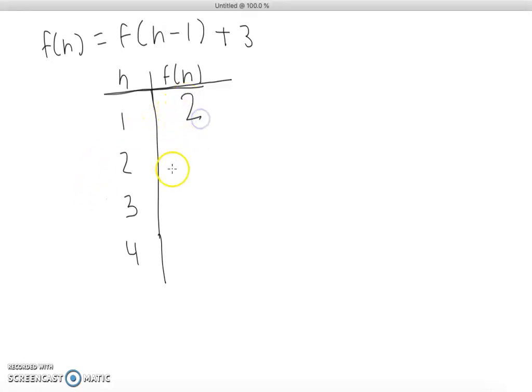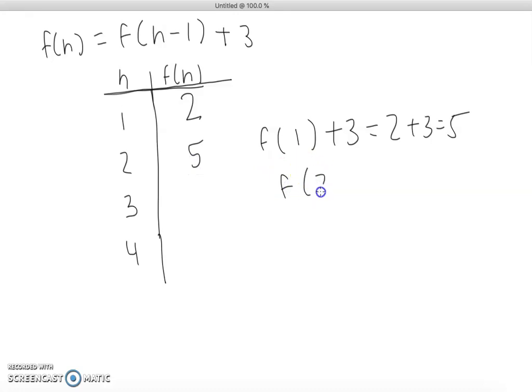They gave to us that this is 2, so now we need to find 2, 3, and 4. For f of 2, what you're going to do is f of 1 plus 3, so that's 2 plus 3, which is 5. Now we do f of 2 plus 3, which is 5 plus 3, equal to 8. And I'm just going to write the next value. Okay, so these are the first 4 terms for this recursive rule.